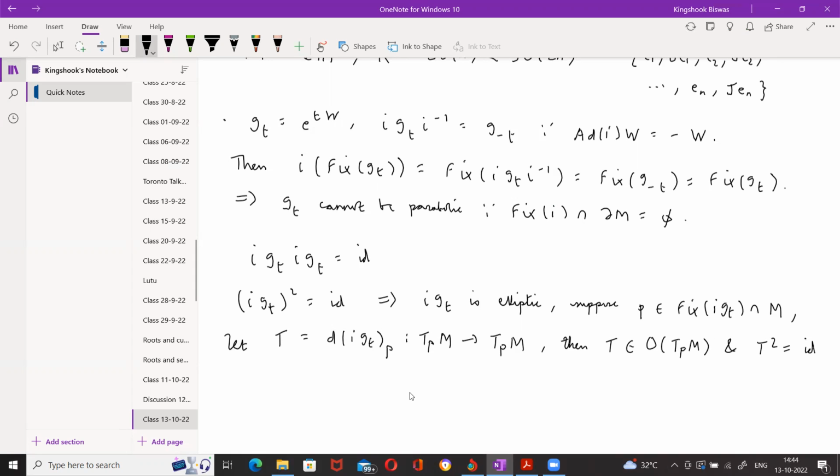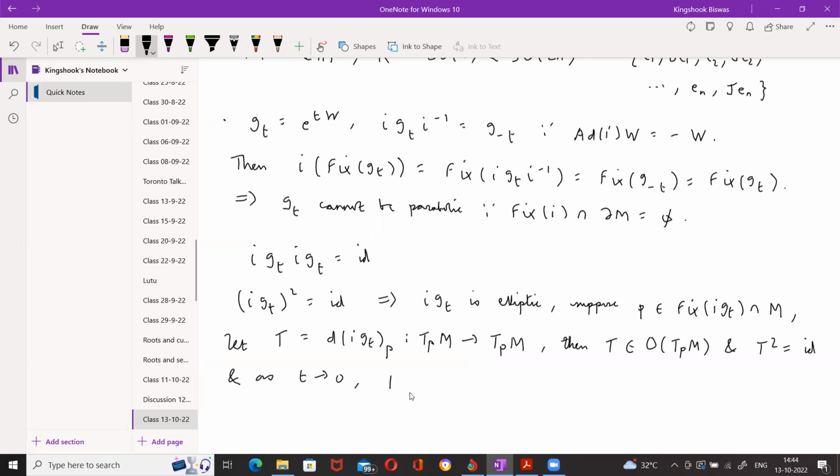But as little t tends to 0 here, GT tends to identity. So IGT converges to I, right?